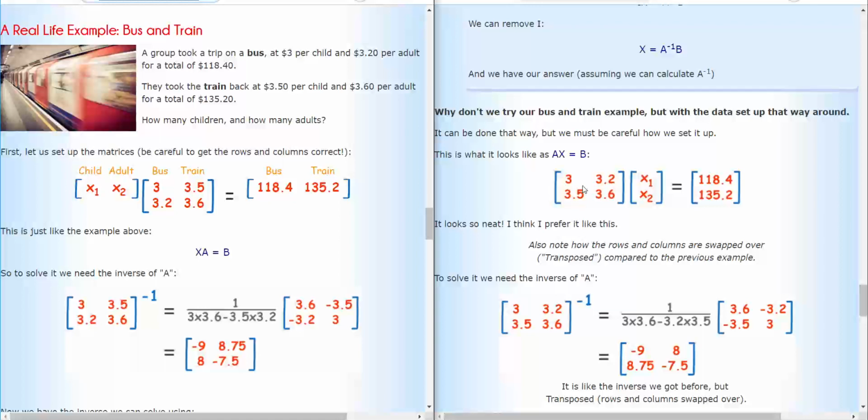So the columns, you would have a 3 for the bus, but that's for a child, and 3.2 for the train, for the adult. You're still doing the bus. Now the child with the bus and the adult with the bus. So it's basically the same.